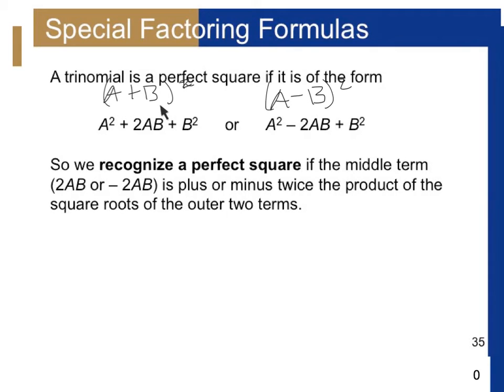Remember, we can't do a squared plus b squared, it's not the same thing, right? So what we recognize here is that 2 times this multiplied, plus or minus, is our middle term when we have these perfect squares. This is why we call these perfect squares, because we're squaring this a plus b, and we're squaring the a minus b. Okay, so we recognize a perfect square if the middle term is 2ab or minus 2ab.